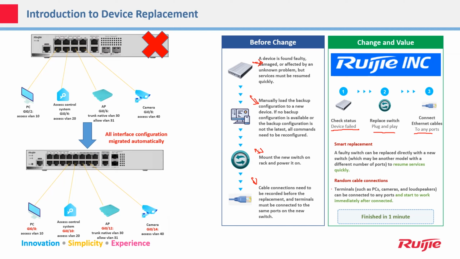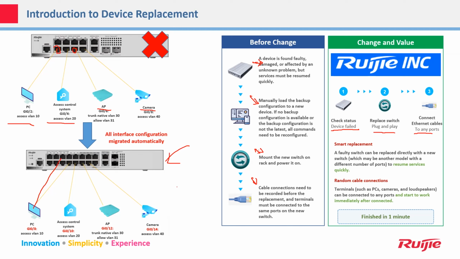Random cable connection means that, for example, an access switch is connected with a PC, with some access control system, with an AP, with a camera. If it's faulty, we should replace it with a new one. But it's very hard for us to remember that the PC is connected with port 2 and the AP is connected with port 6. Actually, you don't need to remember. You can randomly connect the devices to any ports, and INC can detect it.